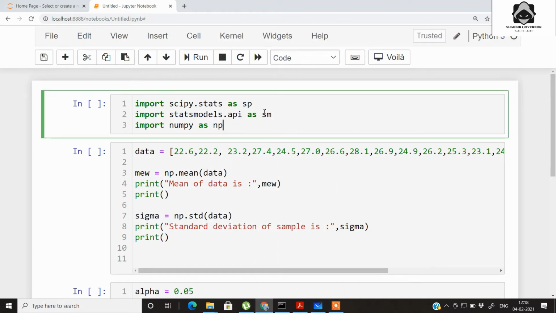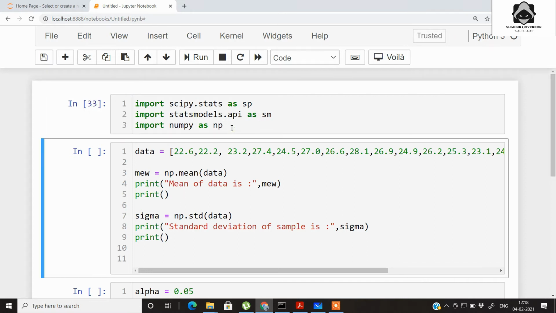We are importing some basic dependencies: scipy.stats as sp, statsmodels.api as sm, and numpy for basic computation. Let's import them. Now I have captured the data of the sample that we collected for the dumbbells in a list, the data variable, and firstly we are calculating the mean, that is x bar, for the sample.